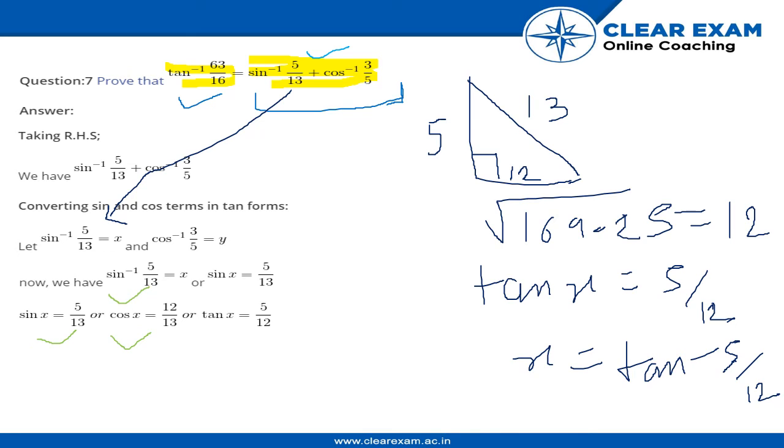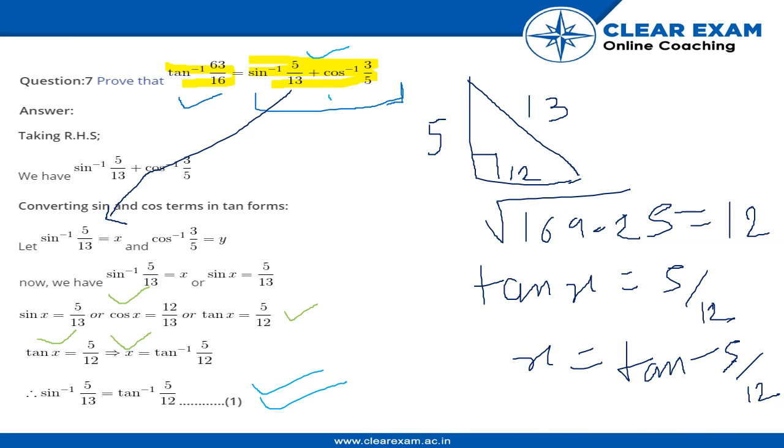Then they took tan x is equal to sin x upon cos x and got their answer as 5 by 12. Yes, they are getting the same answer, so our approach is right. So sin inverse 5 by 13 is equal to tan inverse 5 by 12.